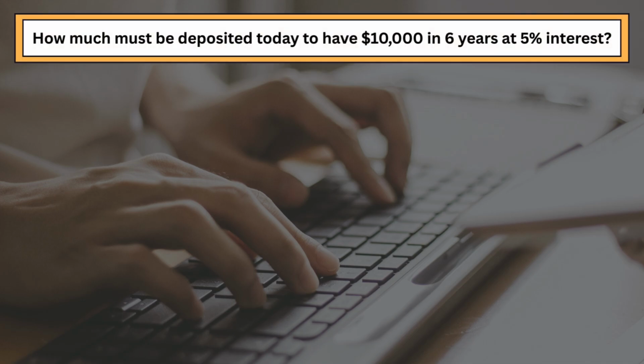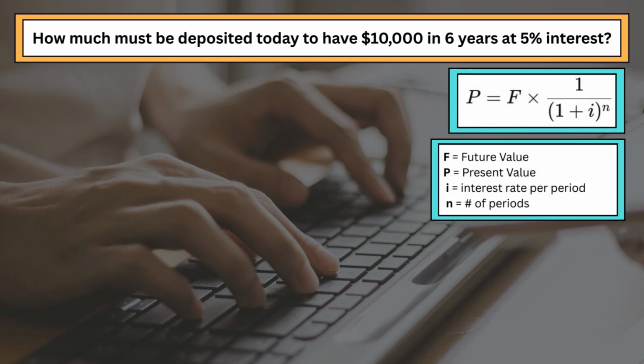Now let's flip the question with a different example. How much must be deposited today to have $10,000 in 6 years at 5% interest? This time, we are looking for the present value and will use the following associated formula. P equals F divided by (1 plus i) to the power of n.